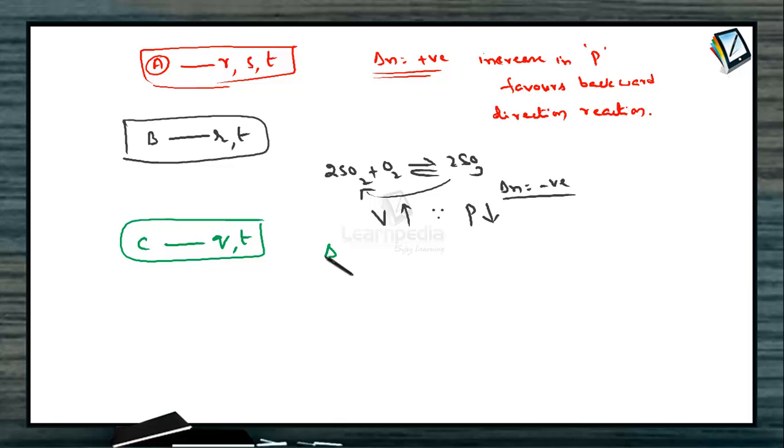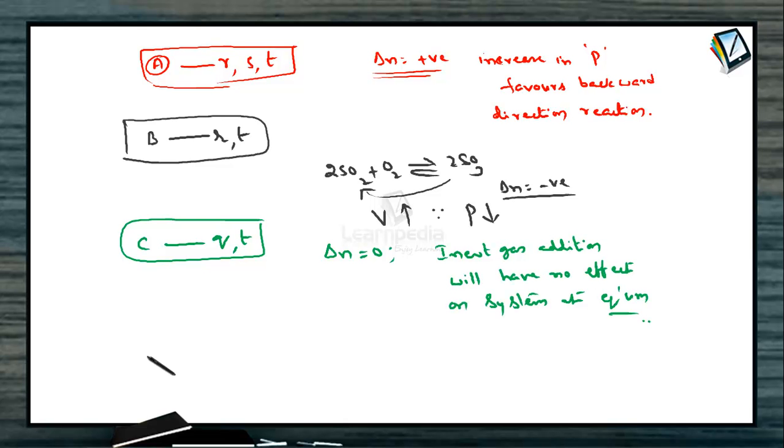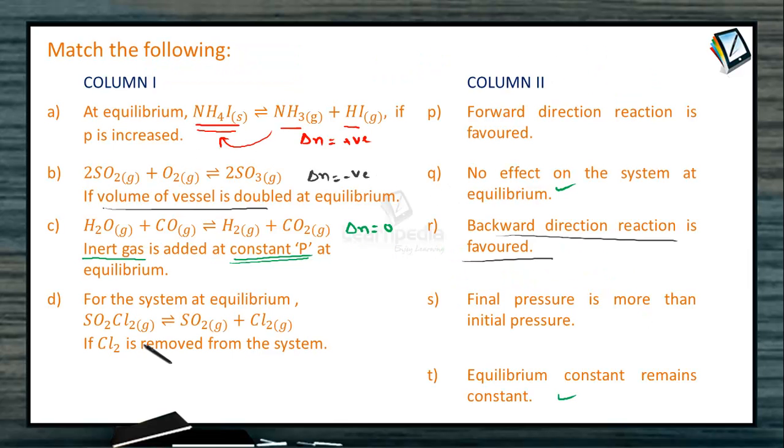Since delta N is equal to 0, inert gas addition will have no effect on the system at equilibrium. Then what about D? In D we have SO2Cl2 giving SO2 plus Cl2. 1 mole is giving 2 moles. So delta N is positive once again. Here Cl2 is removed.